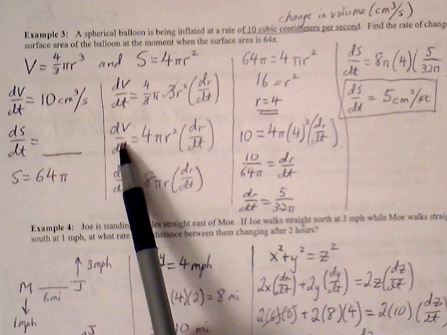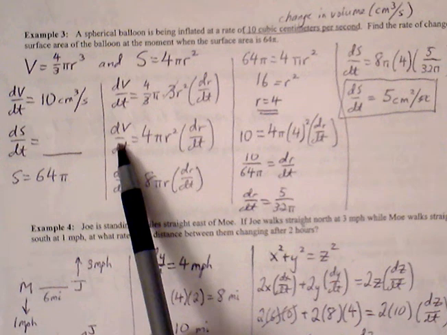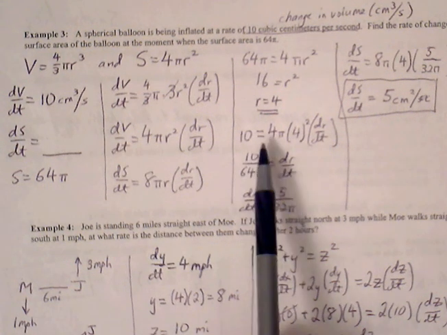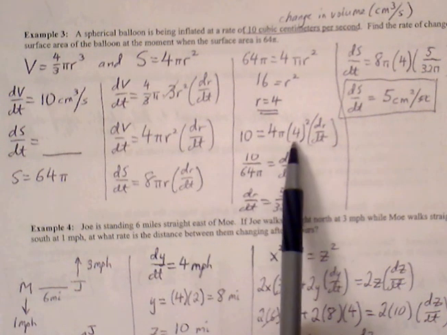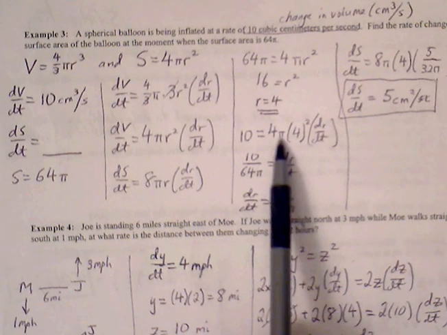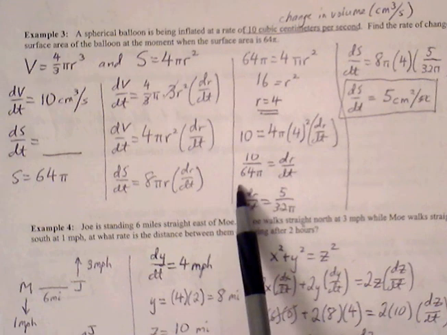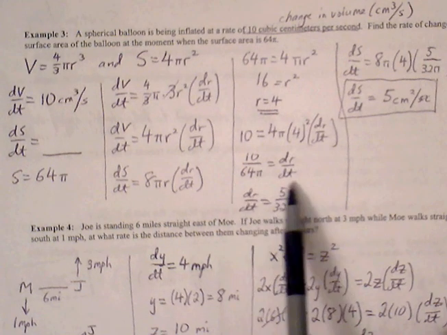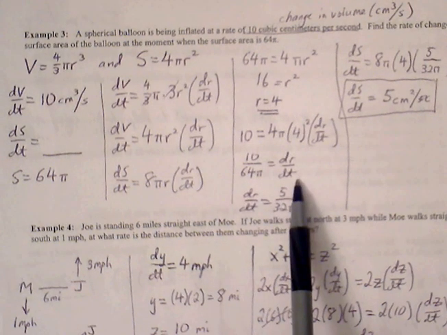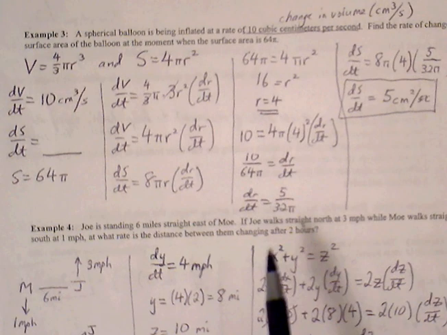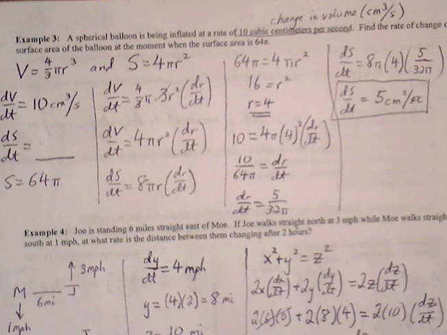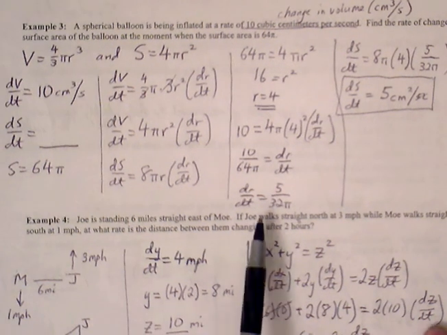Okay, so let's deal with the dV over dt. The dV/dt gets replaced with 10. 4 pi r squared, my r is 4, which we just found. And then we work this through here, 64 pi, divide both sides by that value. So 10 over 64 pi, that allows us to solve for dr/dt. Reduce this, we get 5 over 32 pi. And now we have dr/dt.